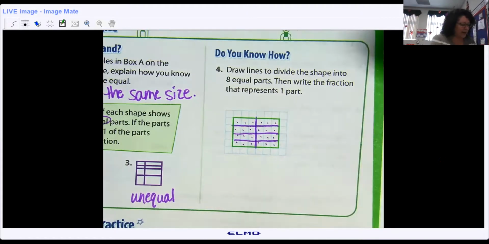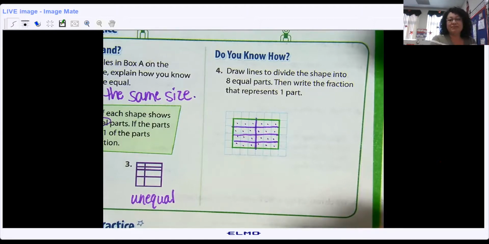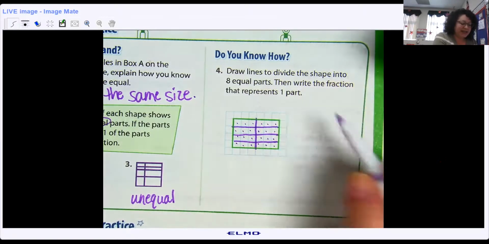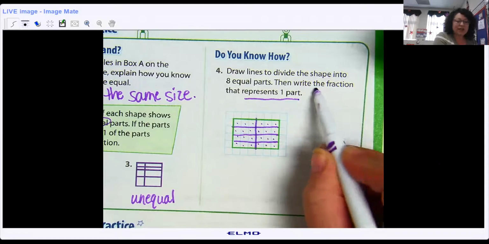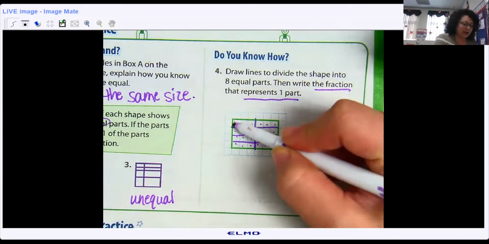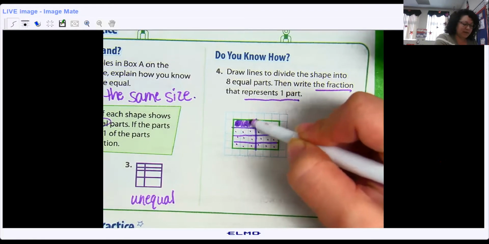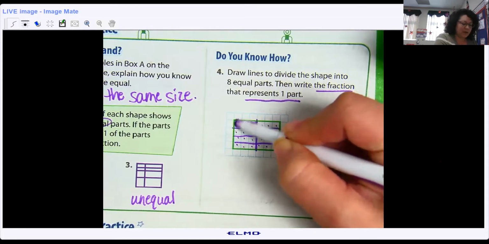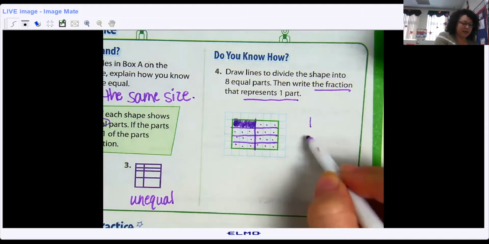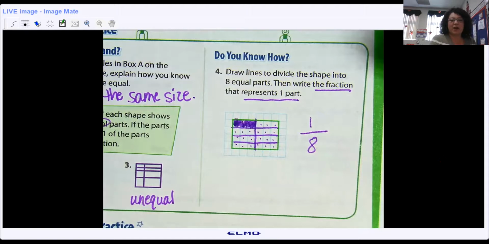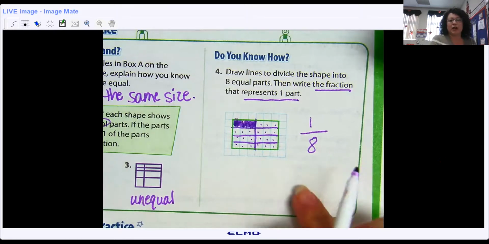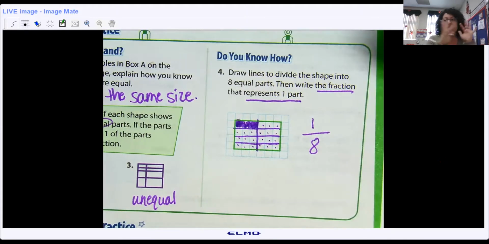So do I have 8 equal pieces? I sure do. And it says, then write the fraction that represents 1 part. There's 1 part and 8 pieces all together. So my unit fraction is 1/8. The bottom number is the altogether pieces.